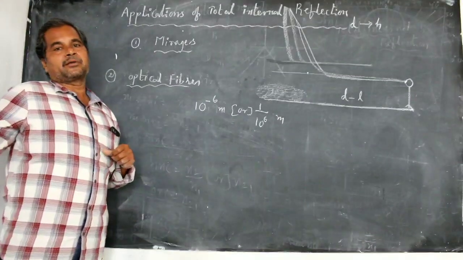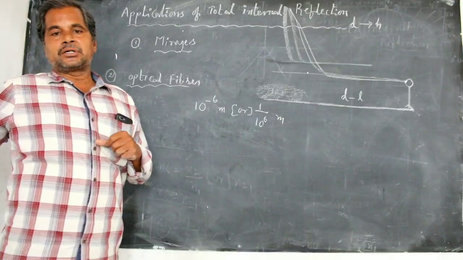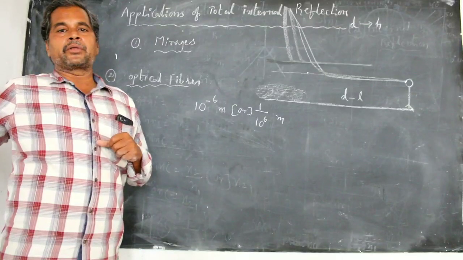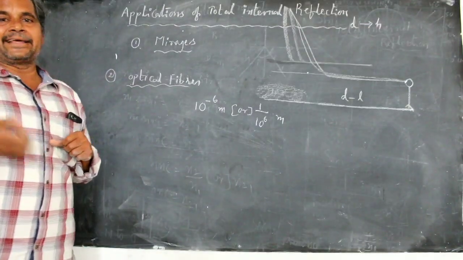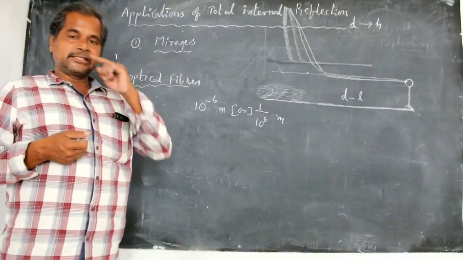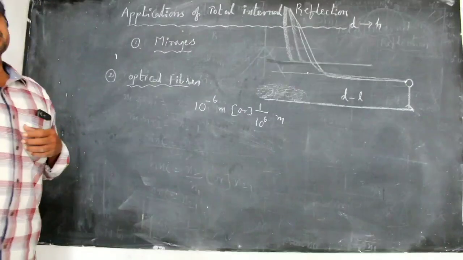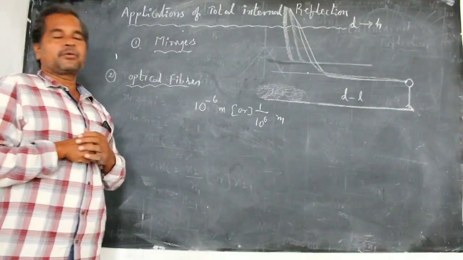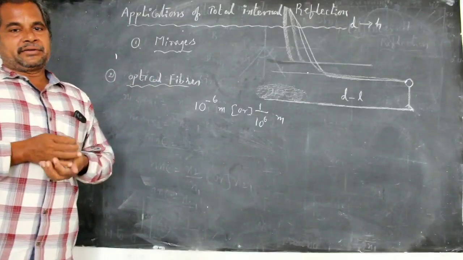Those optical fibers are connected to a computer or any output device. The images are formed on the monitor, and the doctor observes very clearly and gives advice for medicine. So here optical fibers are working on the principle of total internal reflection.